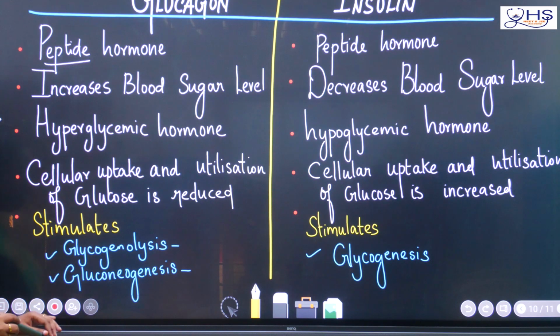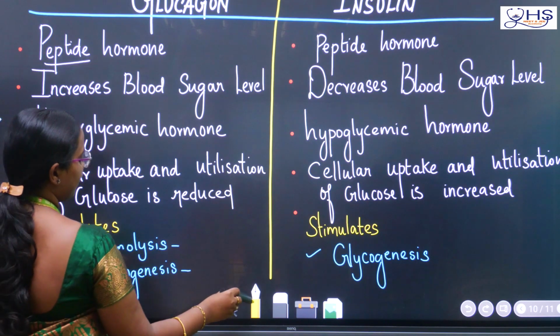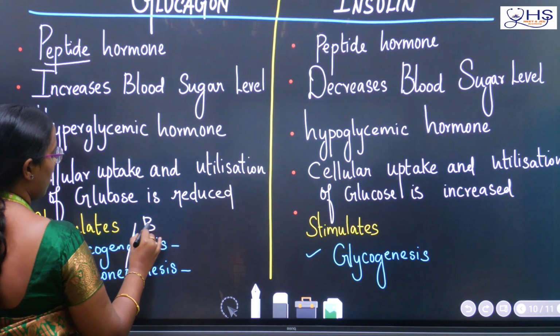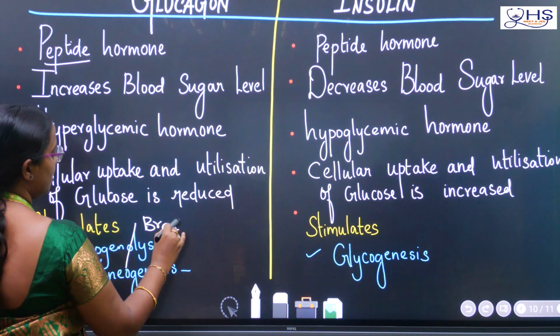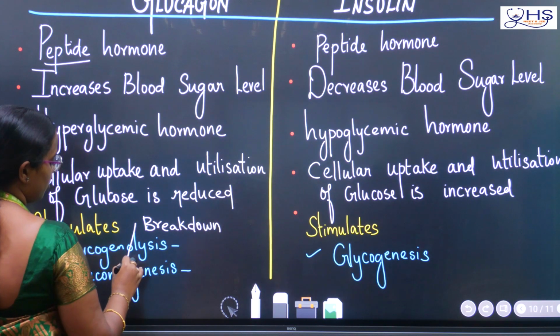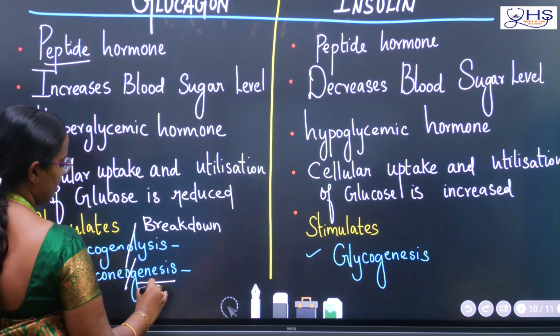The first process is glycogenolysis. Do you know the meaning of the word lysis? Lysis means breakdown. Genesis means formation.